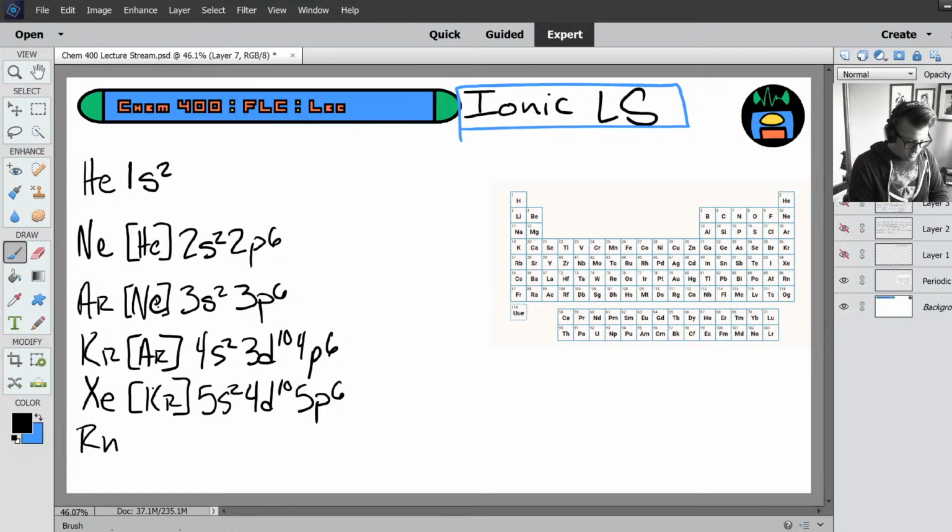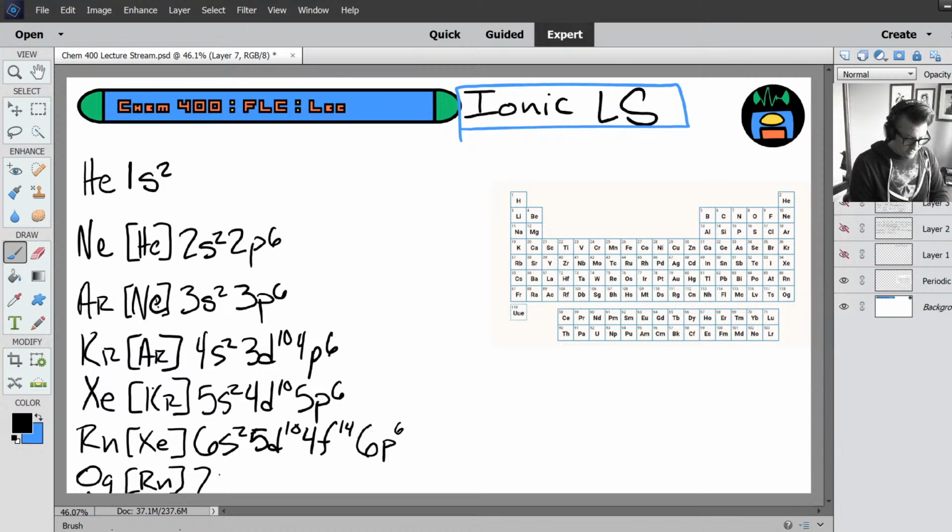Radon has a xenon core, 6s2, 5d10, 4f14, 6p6, and then the next one, radon core, 7s2, 6d10, 5f14, 7p6.